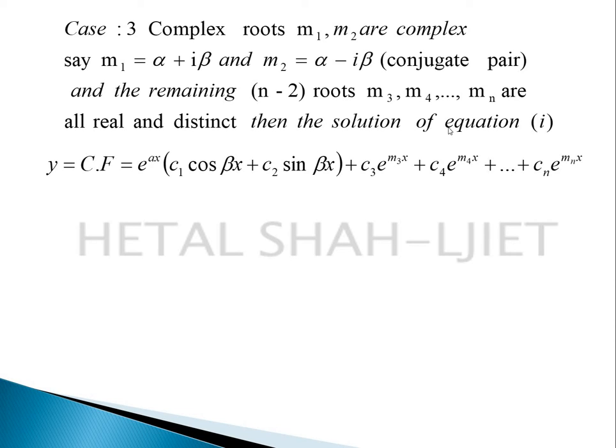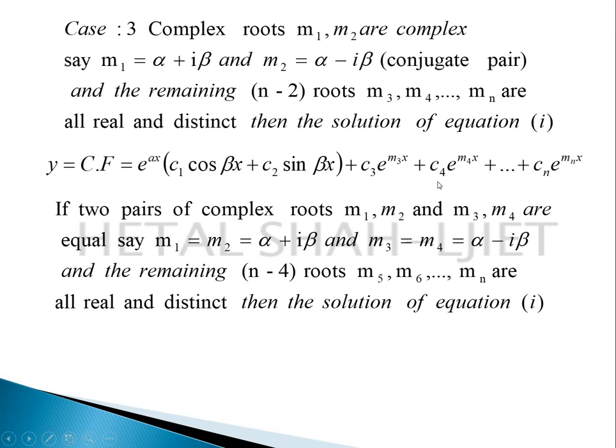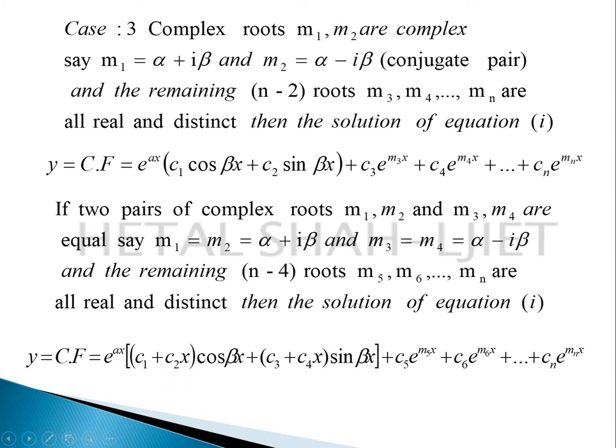So we can write here C3 e raised to m3x plus C4 e raised to m4x plus Cn e raised to mnx, as per case 1. But if two pairs of complex roots m1, m2 and m3, m4 are equal, that is, if m1 equals m2 and m3 equals m4, and all the remaining n minus 4 roots m5, m6 up to mn are real and distinct, then the solution of this equation 1 can be written as e raised to alpha x.